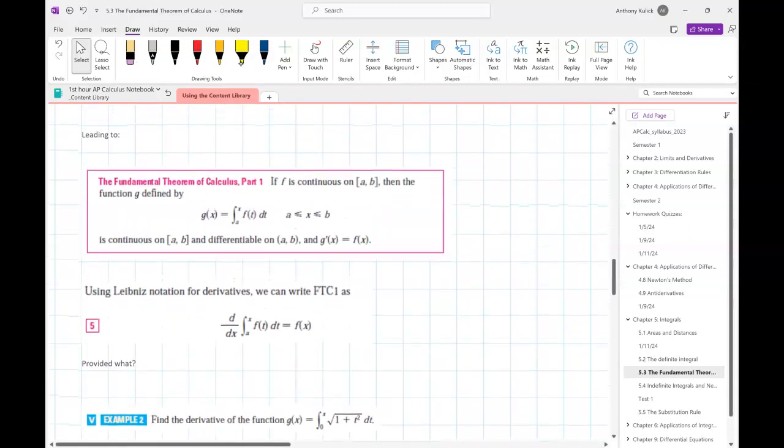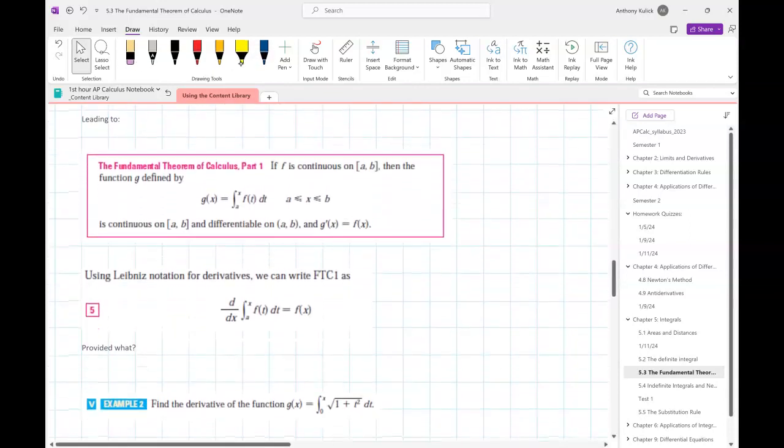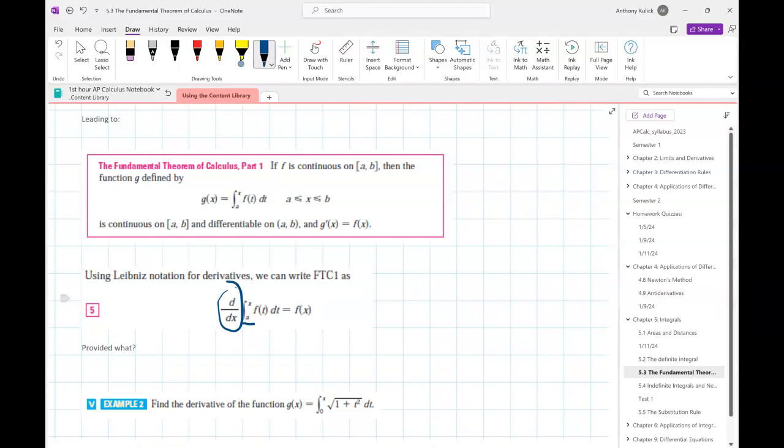So if we look at this using our Leibniz notation that we're accustomed to, if I take the derivative of the integral from a to x of f of t dt, I get just f of x. So what we're saying is that the derivative cancels out the integral, and the variable from our integration becomes the variable on our function.